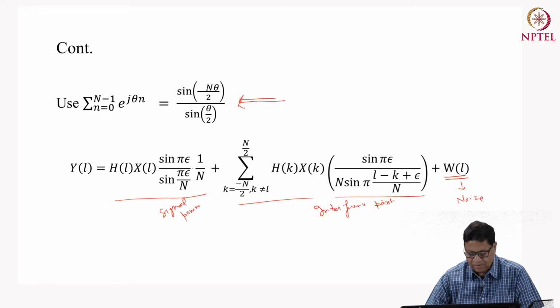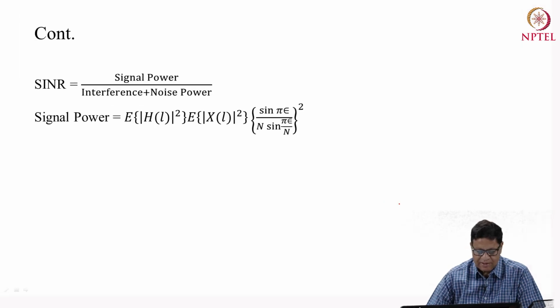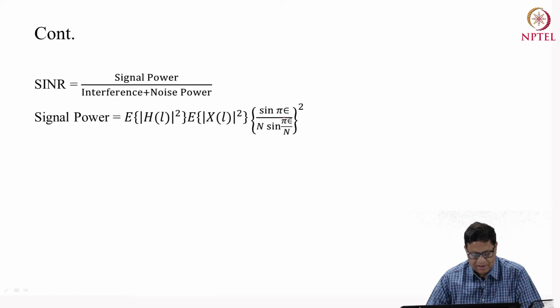So let us calculate the signal power. Signal power is given by expected value of mod HL squared into expected value of mod XL squared, because HL and XL are independent, into sine pi epsilon divided by N sine pi epsilon by N, whole squared. This is the signal power coming from equation A, the signal part.